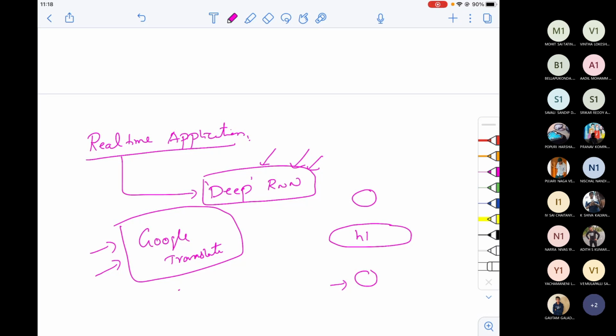You can imagine the entire Google Translate fundamental architecture is deep RNN. This is not in your syllabus, but whenever you are taking any NLP tasks or NLP projects, it's highly recommended that you start testing your application with this architecture.